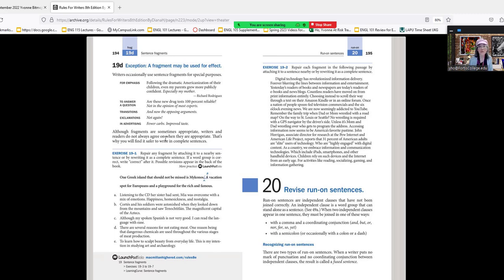Even if fancy writers sometimes put in fragments for effect, for your beginning English class, you just need to stay away from fragments completely so that your English teacher knows that you know the difference between a complete sentence and an incomplete sentence. And a fragment is an incomplete sentence. So that's my spiel on sentence fragments.